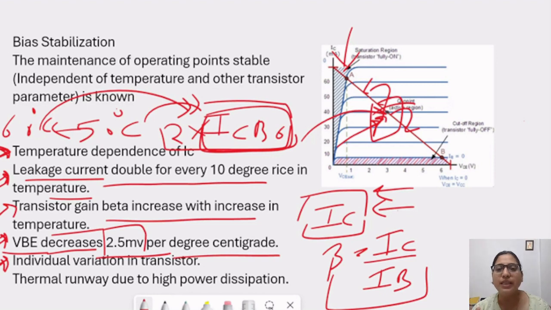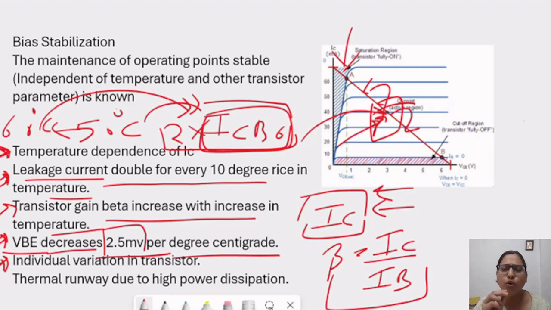And individual variation in transistor. What does it mean? It means that the beta of every transistor is different. If transistors have the same number, same size and same configuration, still their beta is different. Why so? Because when we do doping or wafer doping of a particular semiconductor crystal, the particular width of the base, emitter and collector is not appropriate in every configuration.